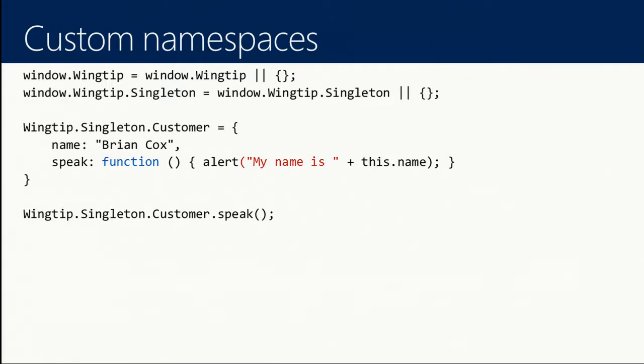So remember I said functions are objects, so this shows you how functions can be used in really cool ways: not as a function in the global namespace, but in this case, a function which is actually a member of an object. And the reason you care about that is demonstrated by the final line of code there, which is wingtip.singleton.customer.speak, which will execute the alert that you see.